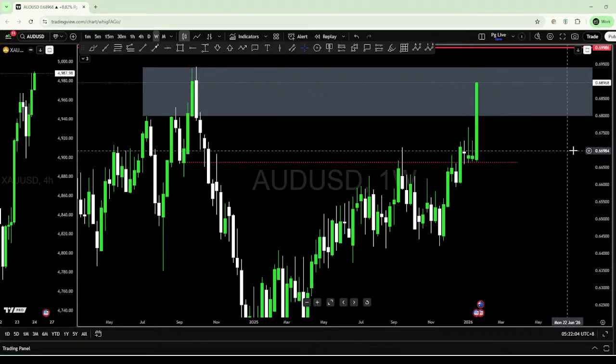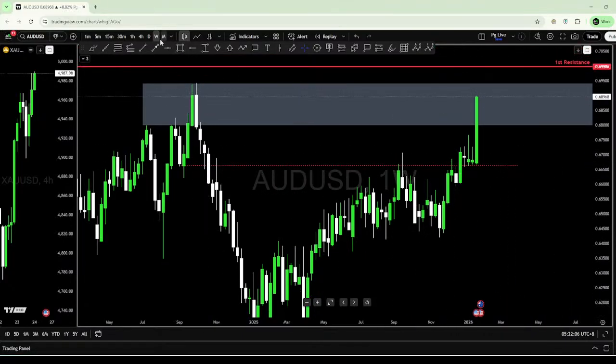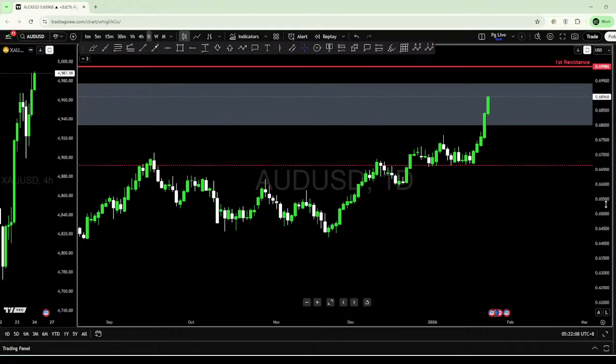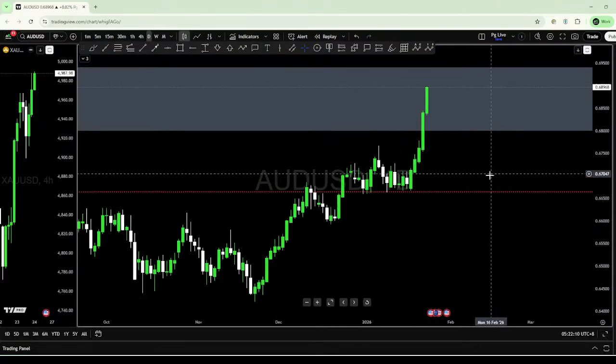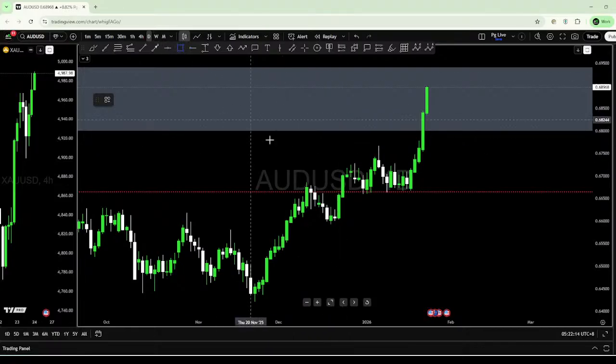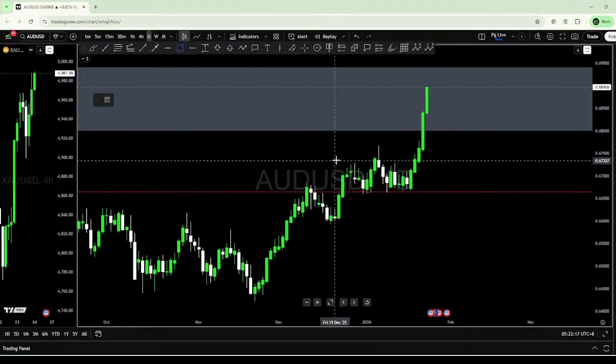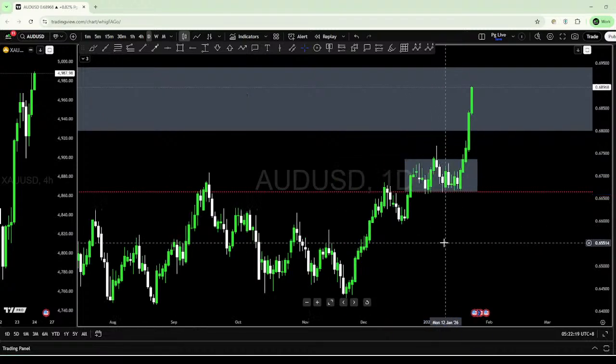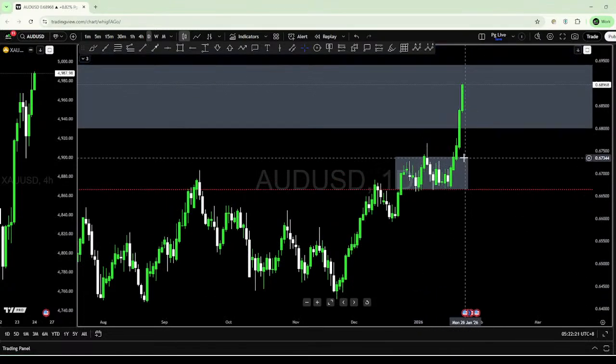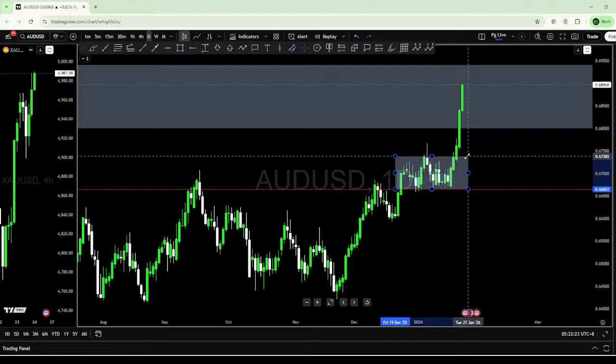So right now what you need to do is wait for the pullback and then you buy Aussie. On D1 price was sideways, ranging here before it broke out of the box.